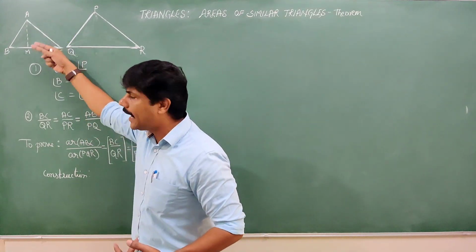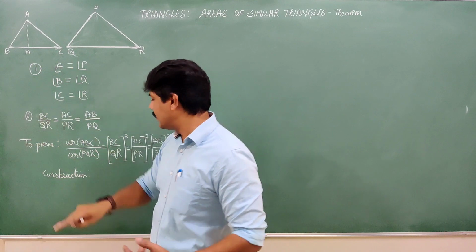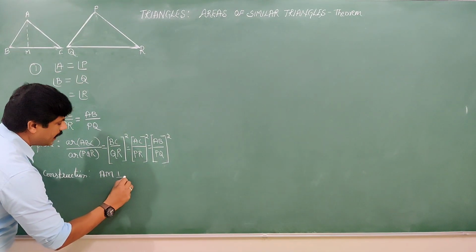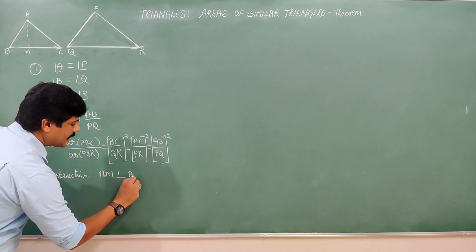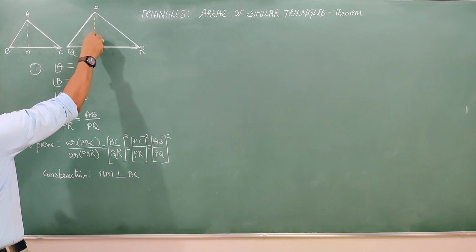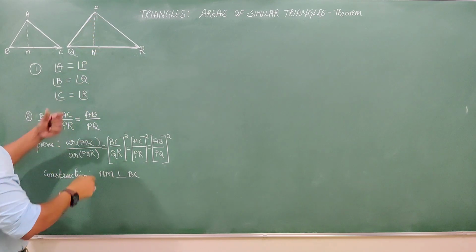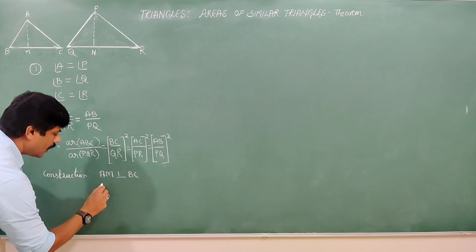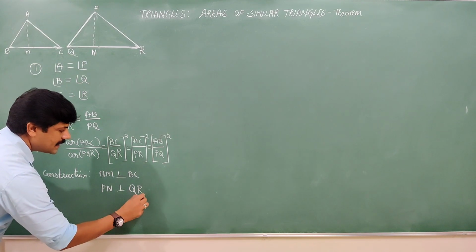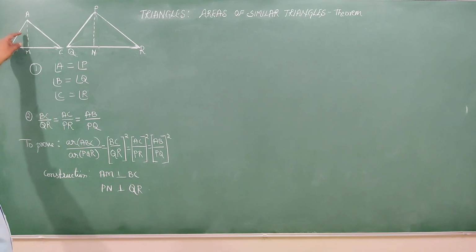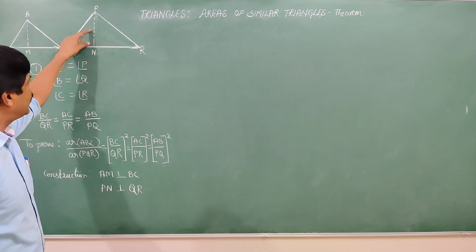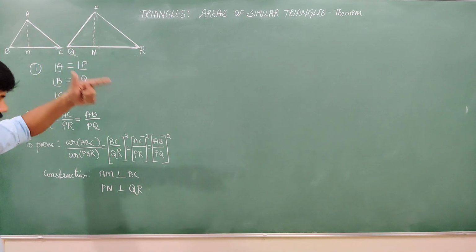That is, AM perpendicular to BC, and draw PN perpendicular to QR. This is the construction. We have drawn AM perpendicular to BC and PN perpendicular to QR.